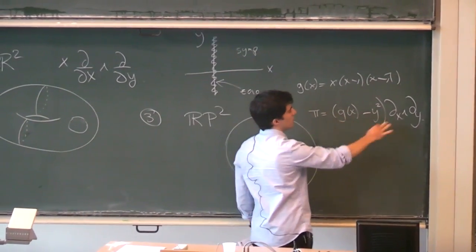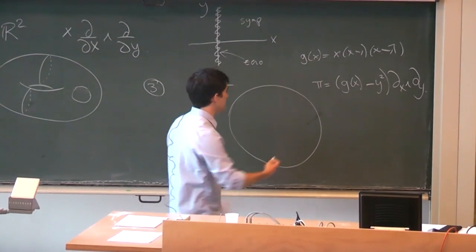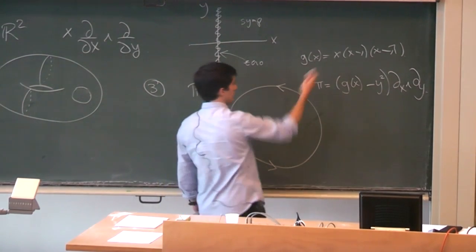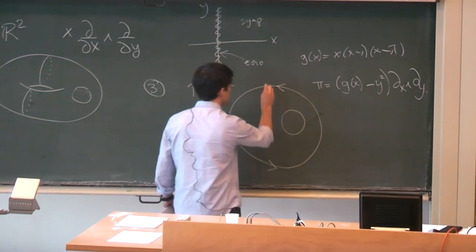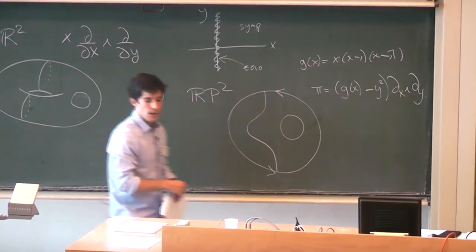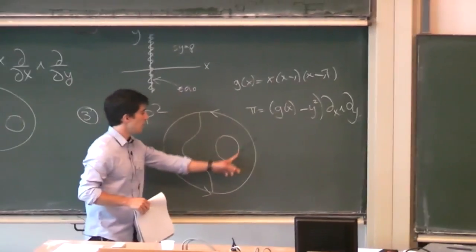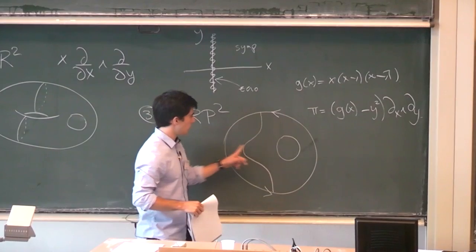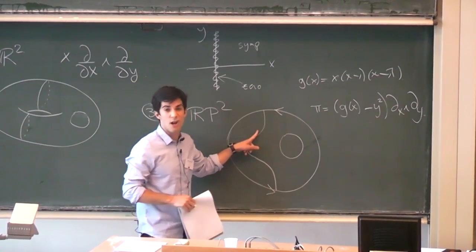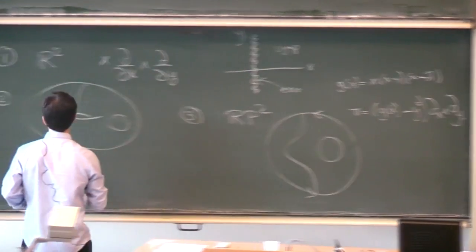I've written this in R2, but if you work out the other coordinate chart, it does extend to the line at infinity, and you end up with a degeneration locus which is exactly this cubic curve, and that looks usually like this, in the way that people normally draw a cubic curve. Okay, and then you see here that both components of the degeneration locus are circles. This one has an orientable normal bundle, and this one has a non-orientable normal bundle. Okay, but nevertheless, this is a log symplectic form.